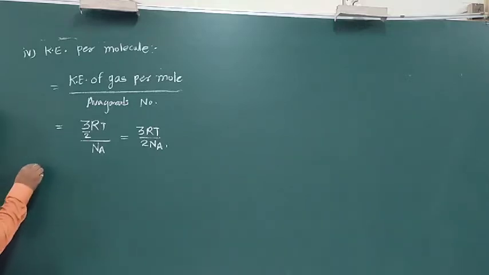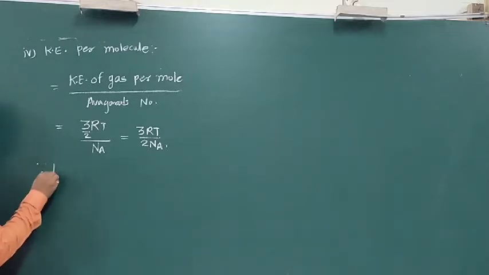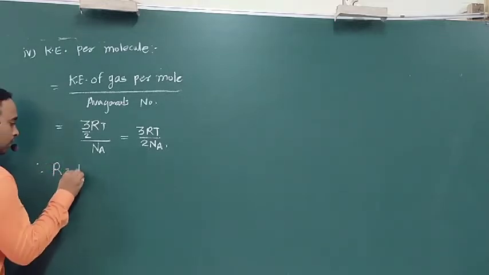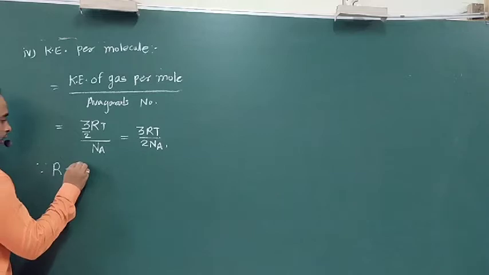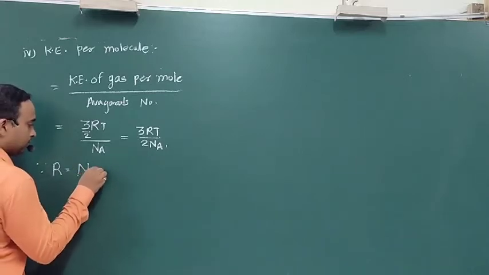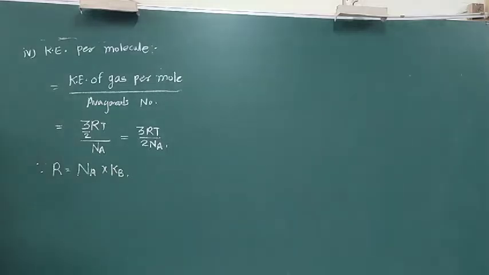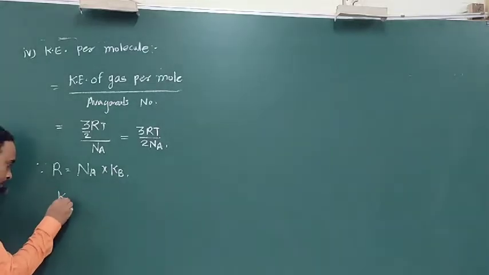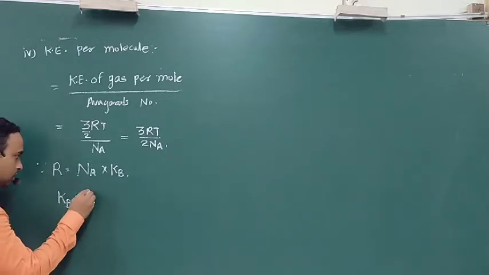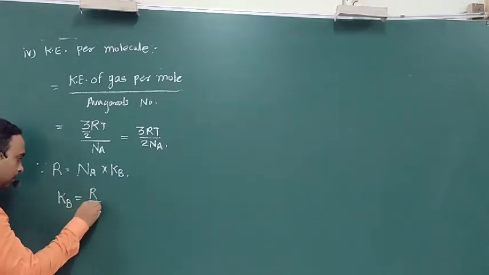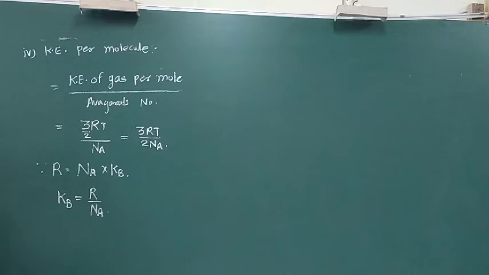We know R is the universal gas constant, and R is equal to Na into Kb, where Kb is the Boltzmann constant. So we can write Kb, the Boltzmann constant, is equal to R upon Na.